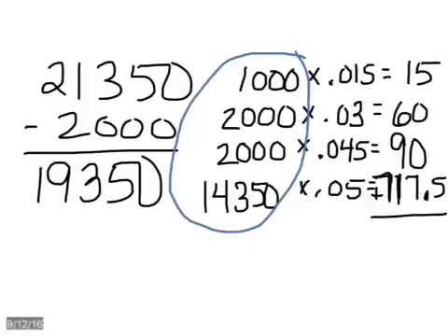What did I say? 717. Say it again, Anna. 8, what? Okay. That's how much for the year. Okay, that's how much we got for the year.